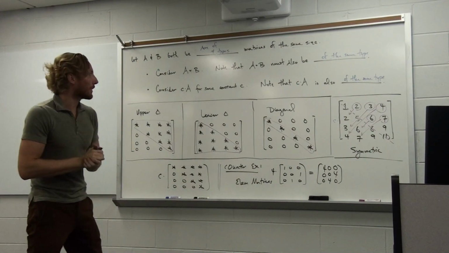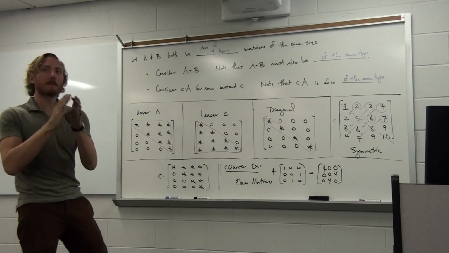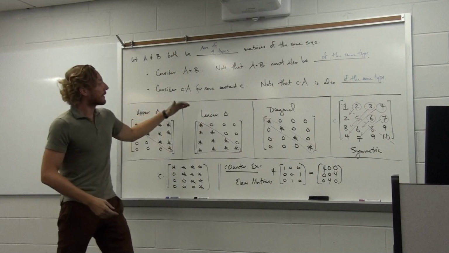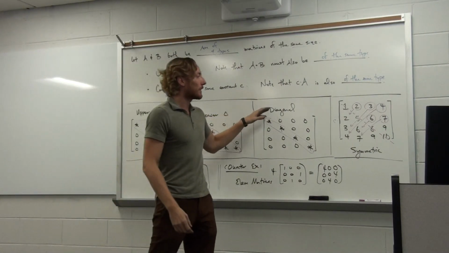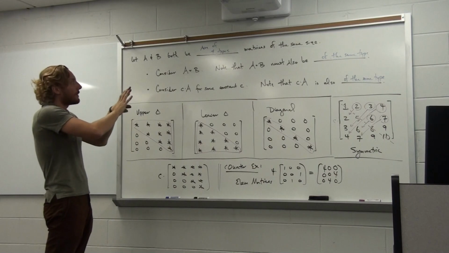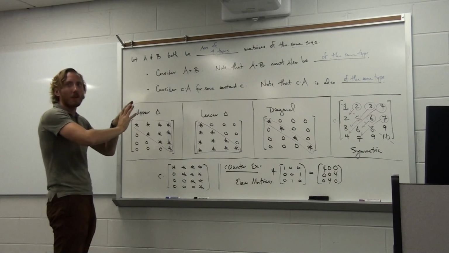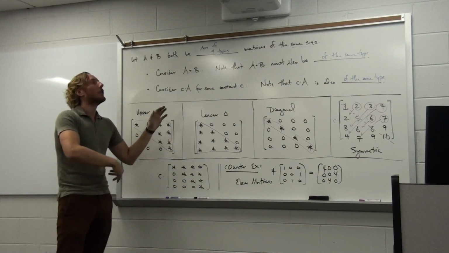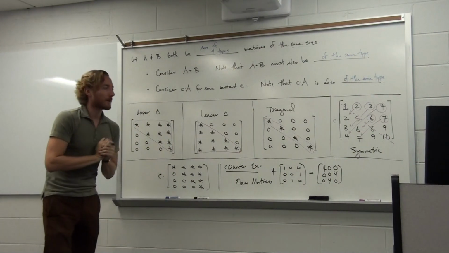Because of the nice definitions of these matrices, when you add matrices of the same type together, you get something of the same type, and when you multiply by a constant, you get something of the same type back in return.